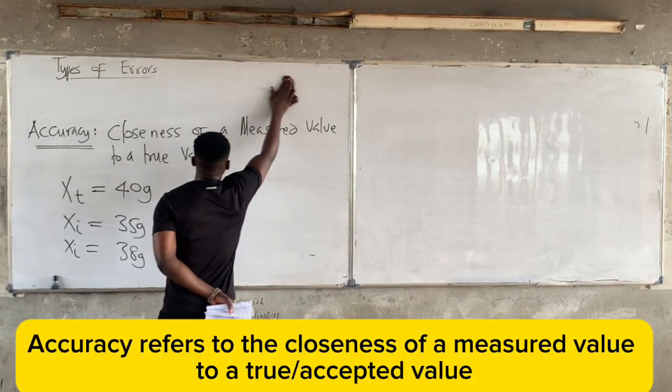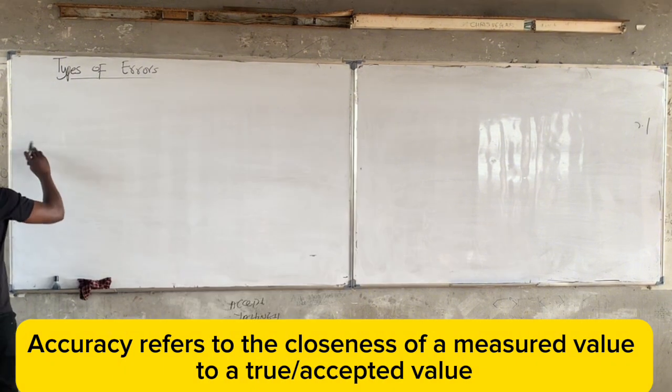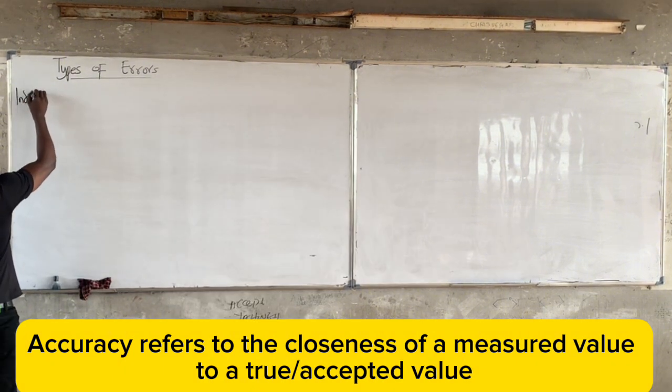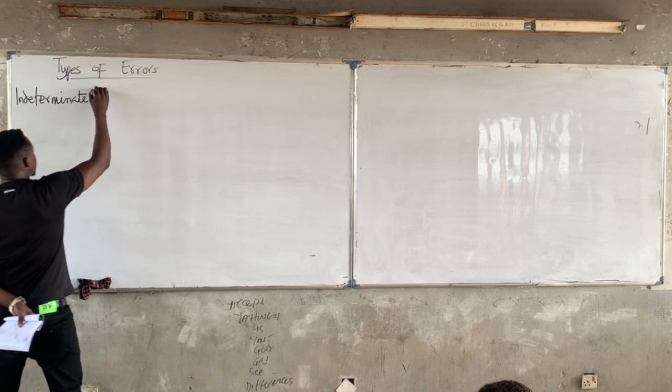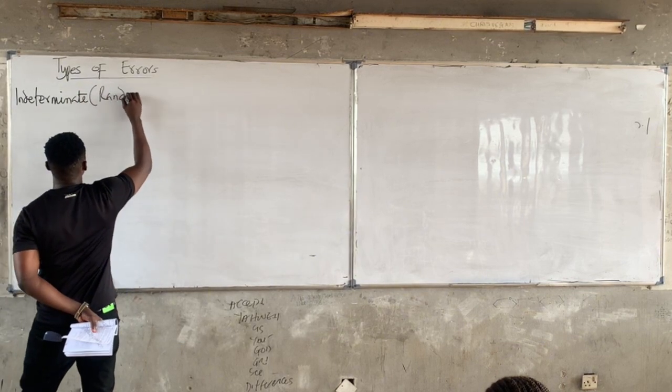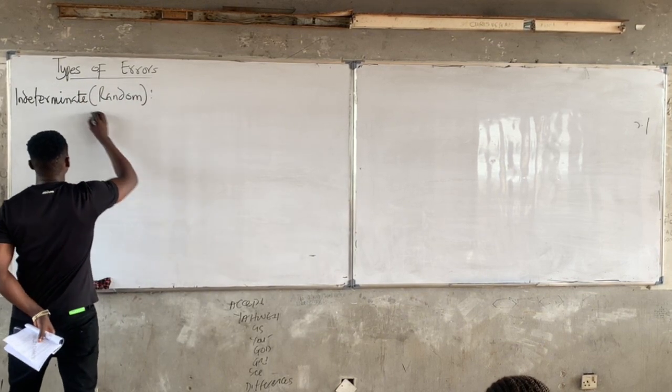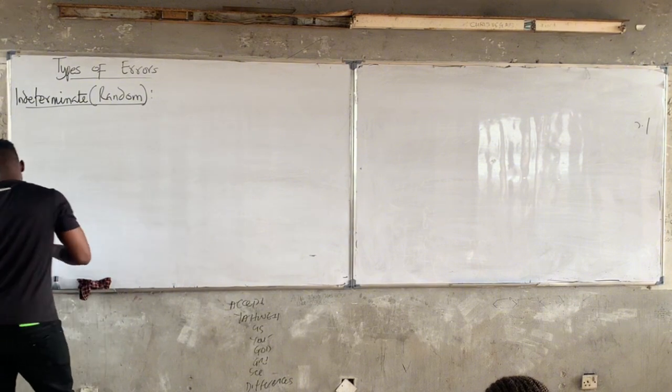Let's look at indeterminate error, class. Indeterminate error is also known as random error.